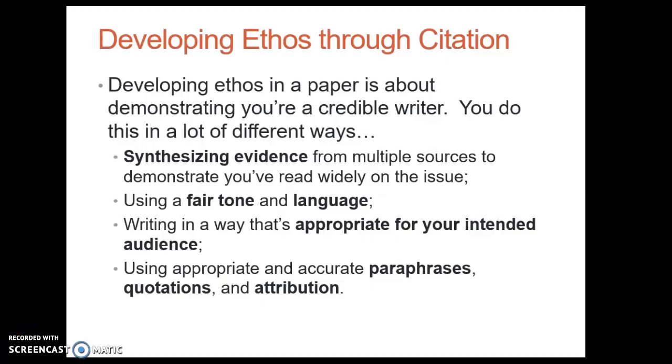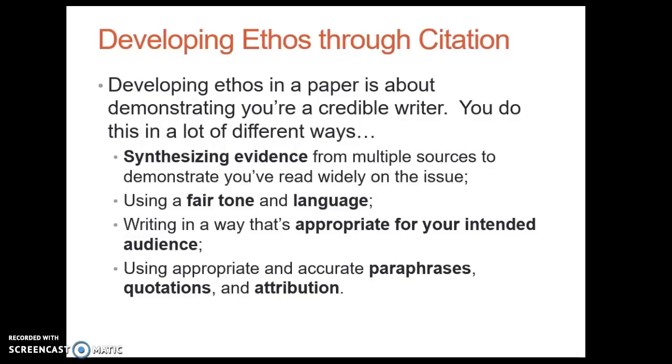So developing ethos in a paper is about demonstrating that you're a credible writer, and you do this in a lot of different ways. So we've talked about synthesizing evidence from multiple sources to demonstrate you read widely. So you aren't trying to support your ideas just with one source, but you're pulling from multiple sources.